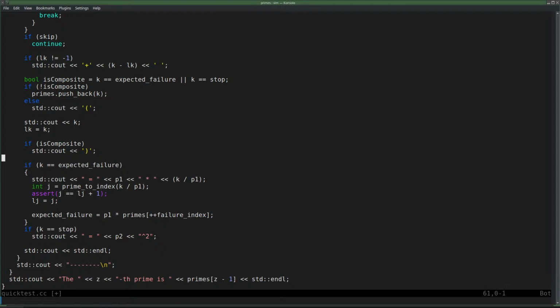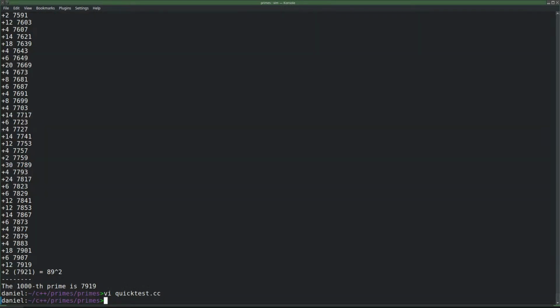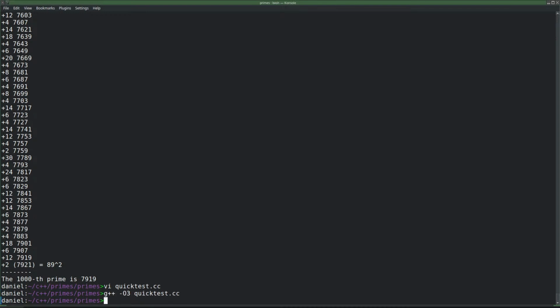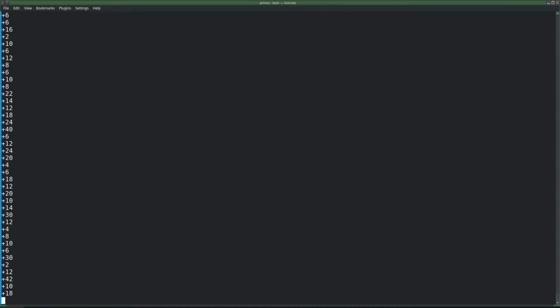Let's not print. Okay, should work. I hope. Oh, I think I missed some output. Oh, it was already done. Let's run that again. Yeah, it's pretty fast. So the 1,000,000th prime number is that, and that's correct.